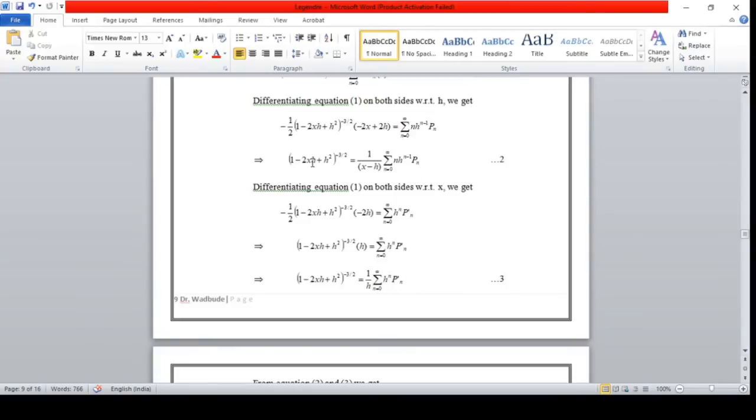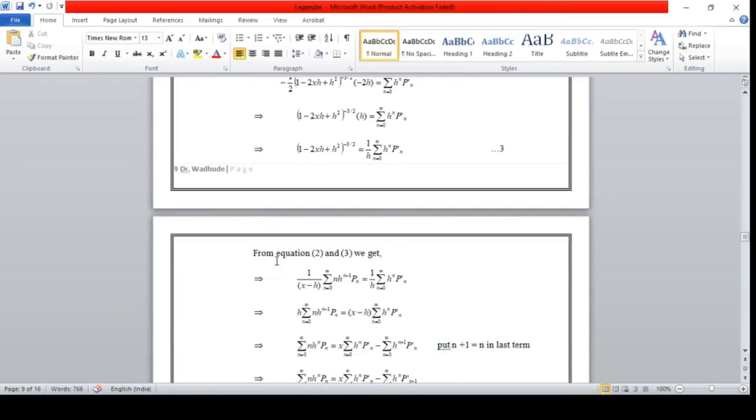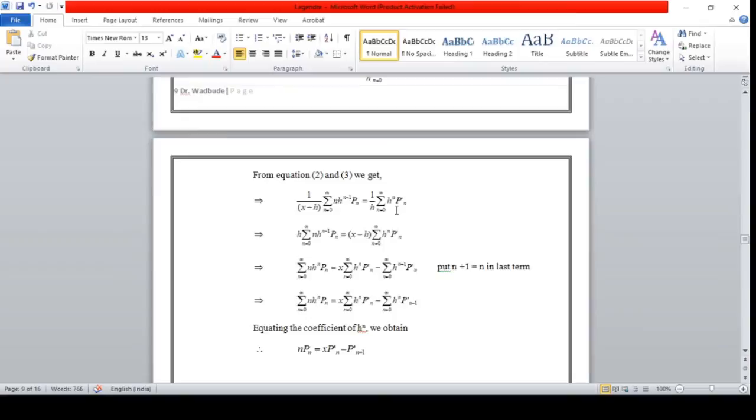Look here, the left hand side and this left hand side are the same, so the right hand sides are equal in equations number 2 and 3. From equations 2 and 3 we get again, here the right hand sides are equal, this and this. Here cross multiplication again, h here, x minus h here, this is the summation, this is the summation. Now multiply this summation with x and h.